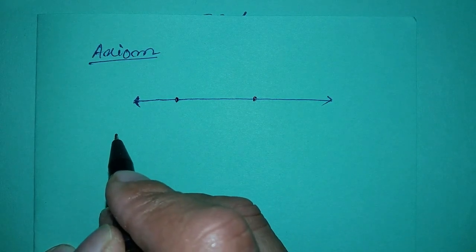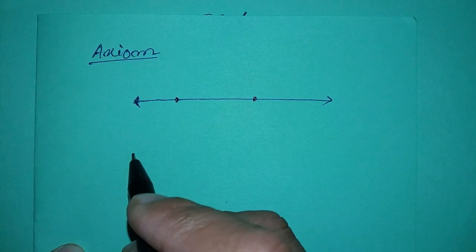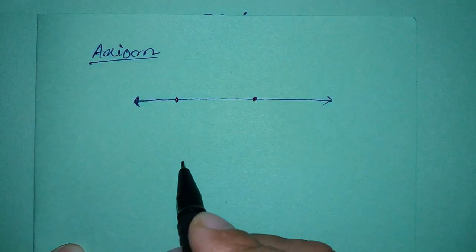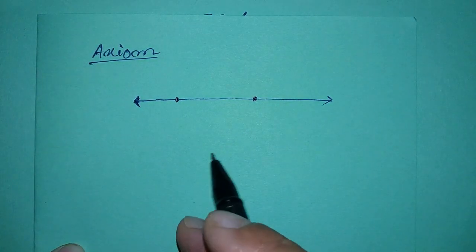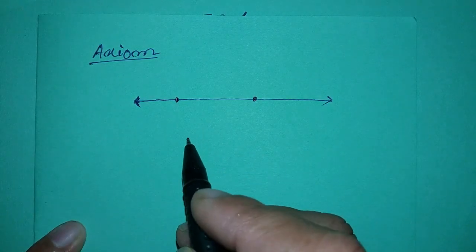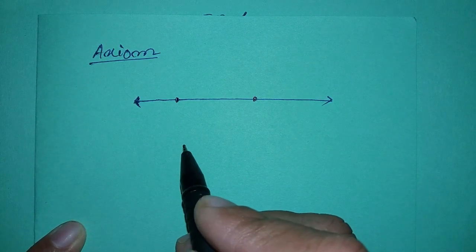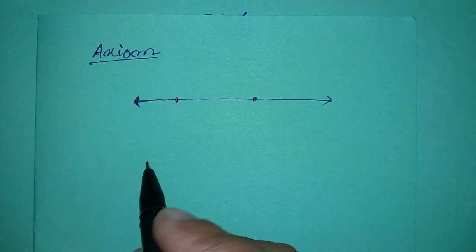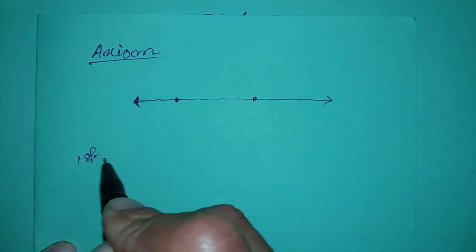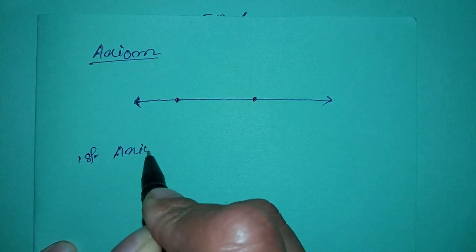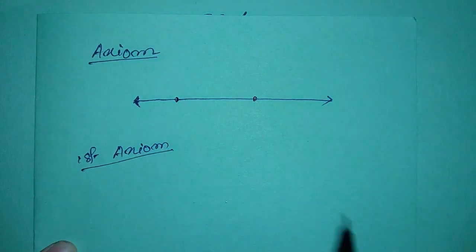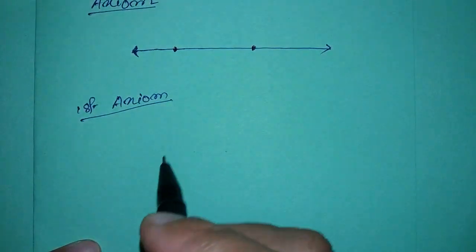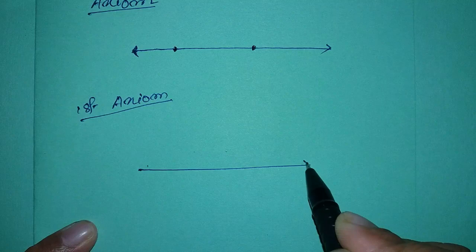Now the first axiom given in the chapter is, if a ray stands on a line, then the sum of the two adjacent angles formed is 180 degrees.